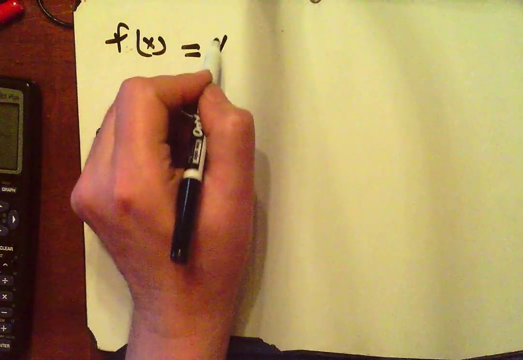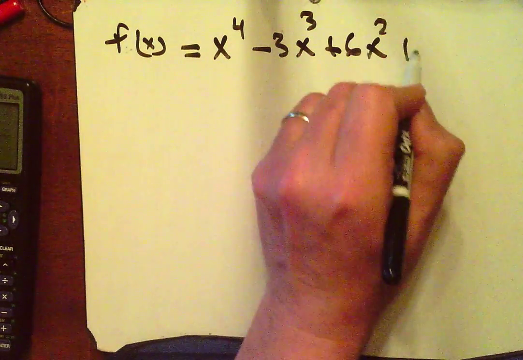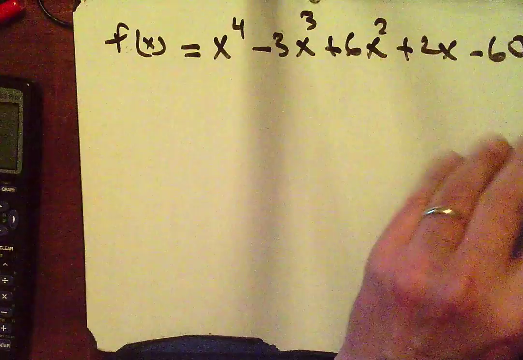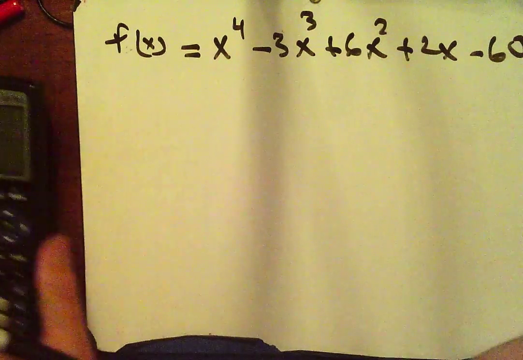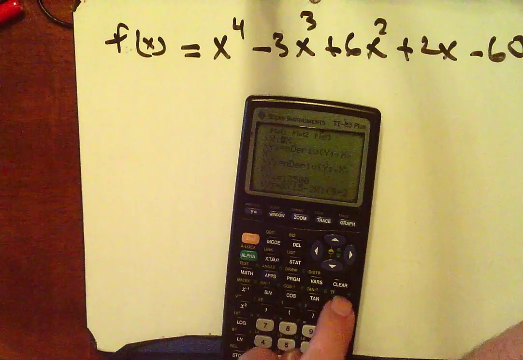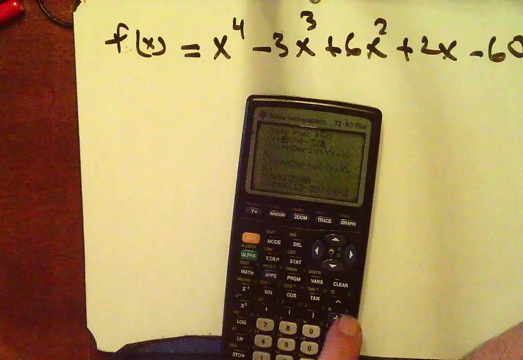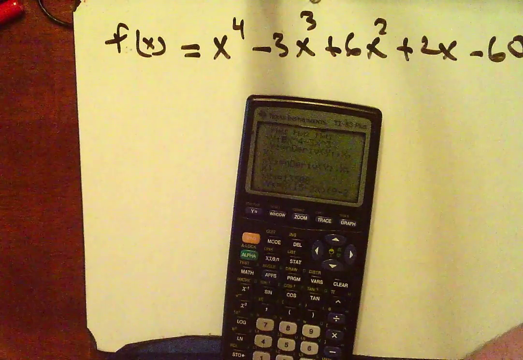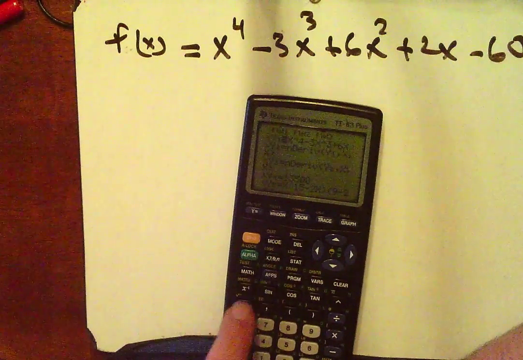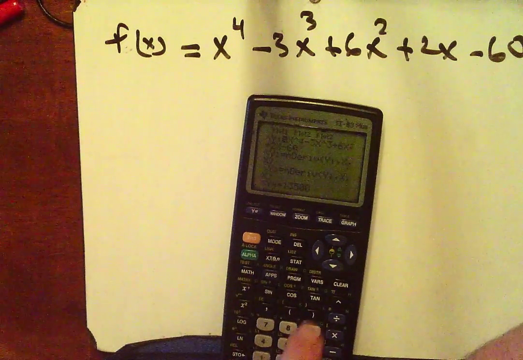And our very last problem on the stations, f of x equals x to the fourth minus 3x to the third plus 6x squared plus 2x minus 60. Yeah, no idea how to factor that, so I'm going right over to the calculator. X to the fourth minus 3x to the third plus 6x squared plus 2x minus 60.